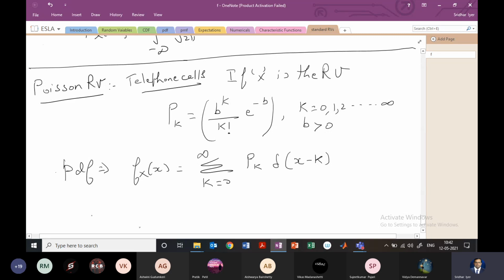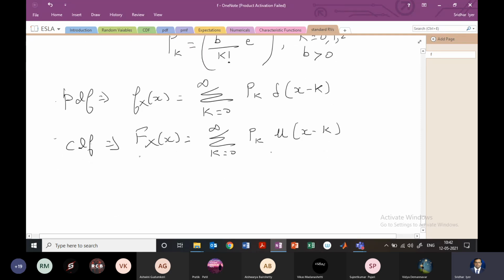And its CDF, that is capital Fx of x, is the sum for k from 0 to infinity of p subscript k. Since there is an impulse function in the PDF, in the CDF we deal with the unit step function, so you'll have x minus k.